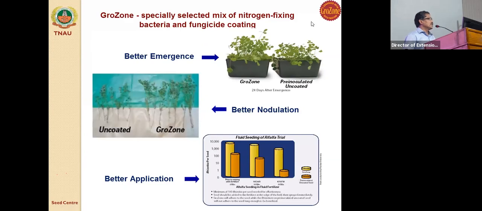Here, this is again a Grow Zone, a material available especially for rhizobial culture. If you give the seeds, there are companies that will treat them with their own patented rhizobial cultures, pellet them, and give them to you. That will automatically improve your germination, plant growth and yield.